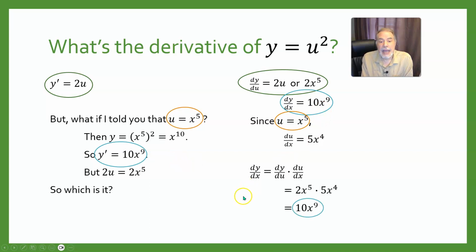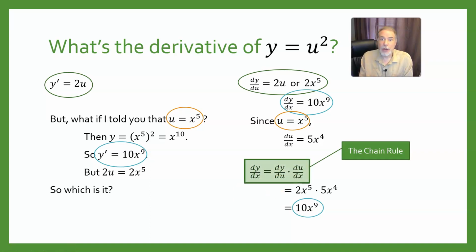So dy dx is equal to dy du times du dx. And this fact is what is known as the chain rule, that the derivative of y with respect to the variable x is equal to the derivative of y with respect to u times the derivative of u with respect to x.